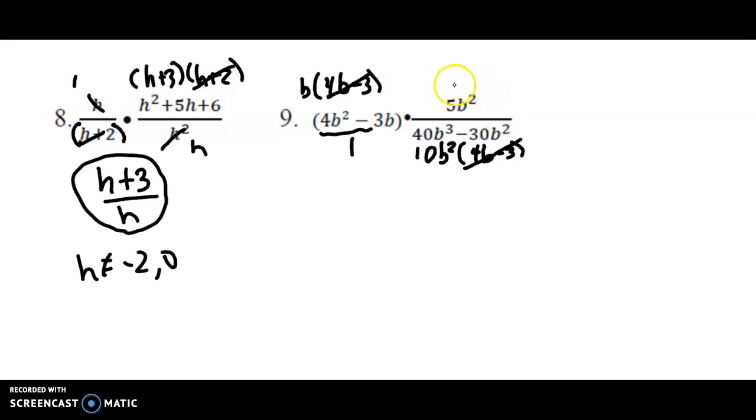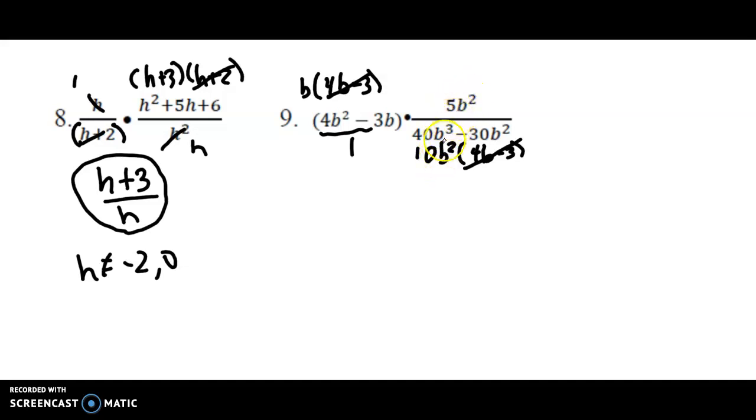Occasionally, you will get a fraction that has not been simplified before putting it in the problem. If you'll notice, I have this 5b squared, and down here I have this monomial 10b squared. If you can simplify the numerator and the denominator of the same fraction, you can do that as well. That's what we learned yesterday in 11.3. So 5b squared is a common factor.